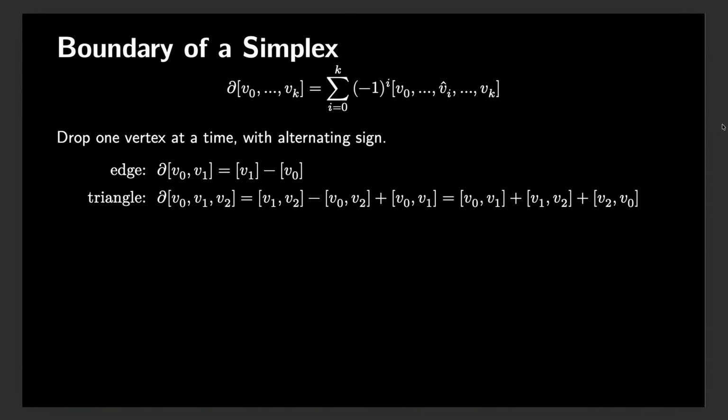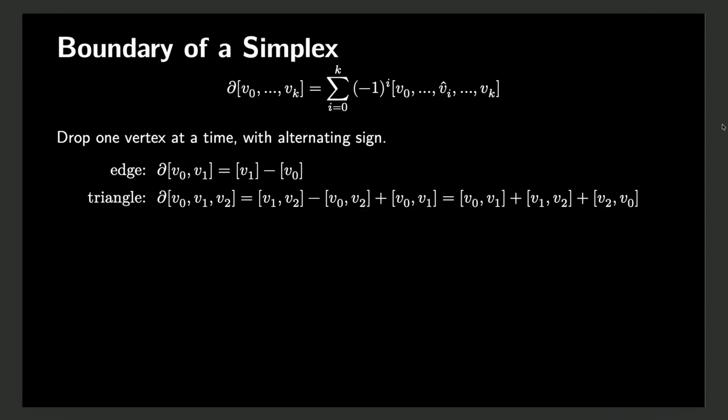The most important operator on a simplex is the boundary operator. It gives us signed simplices of one dimension lower, and it basically does what it says. It gives us the boundary. So if we take some edge and compute its boundary, we get the two endpoints, the two vertices, signed. So there is some direction. For the triangle, we get three parts.